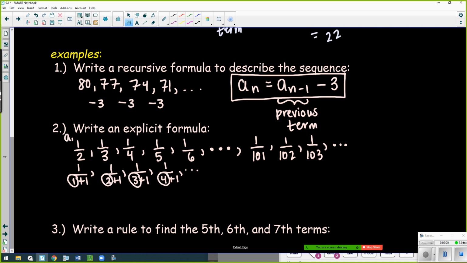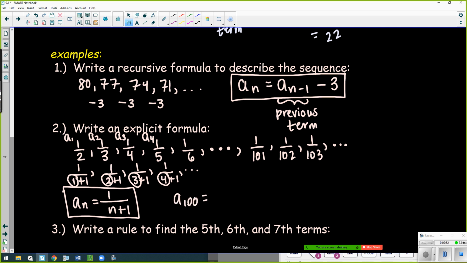This is a sub 1, this is a sub 2, this is a sub 3, this is a sub 4. So my explicit formula could be a sub n is equal to 1 over n plus 1. And that's good enough for that. That's an explicit formula. So if I wanted to find the 100th term, the 100th term would be 1 over 100 plus 1, or 1 over 101.